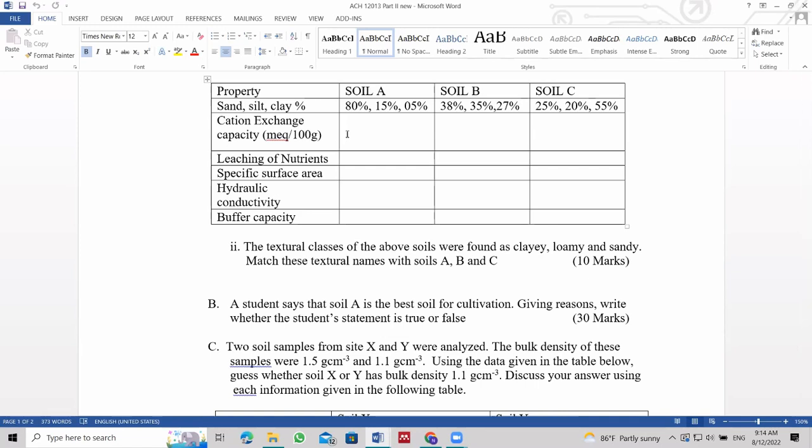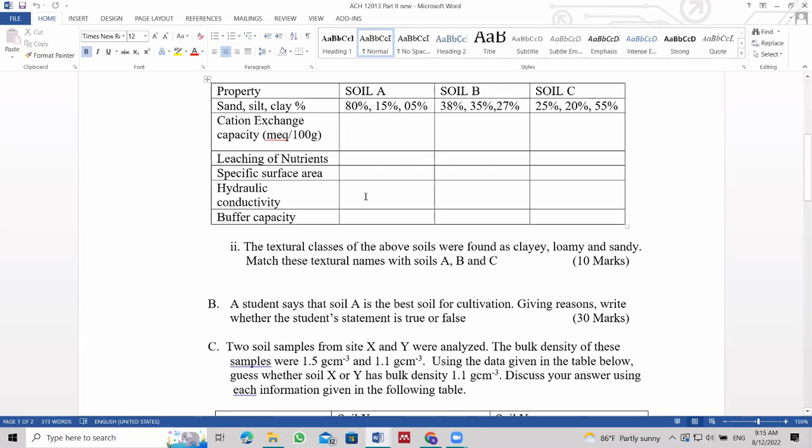Cation exchange capacity will be poor in soil A, but it will be higher in B and C. Leaching of nutrients is high, therefore availability of nutrients for plants is low in soil A, whereas leaching is medium in soil B and leaching is less in soil C. And if you take specific surface area also, soil A has less specific surface area.